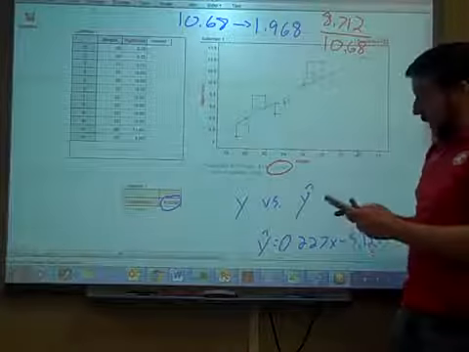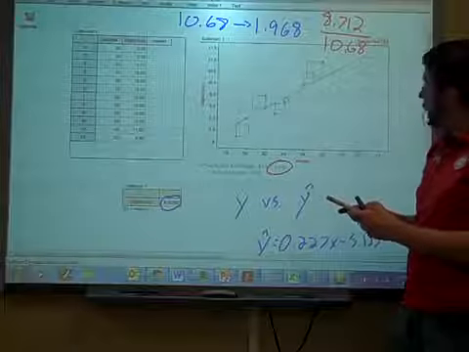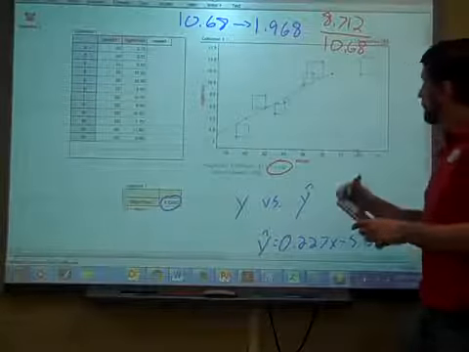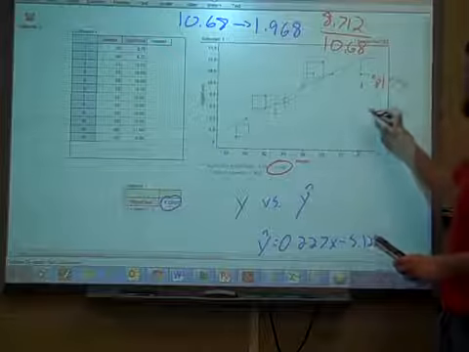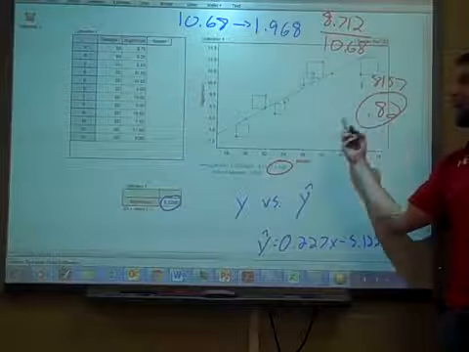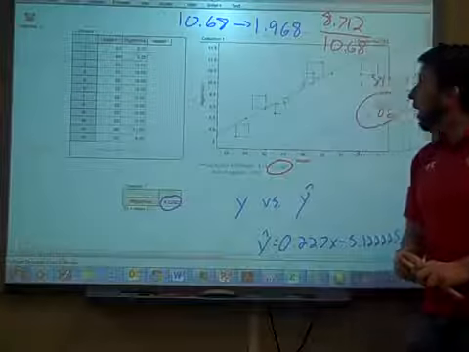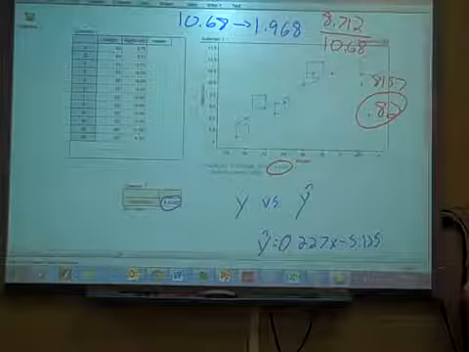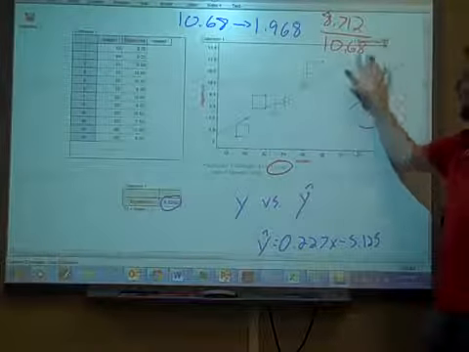And so as a percentage, 8.712 out of 10.68, that is, as a decimal, 0.8157. Of course, if you round it, it becomes 82. There it is, right here. That's what r squared is, folks. It's basically the percentage of the least squares that is eliminated by having this line.